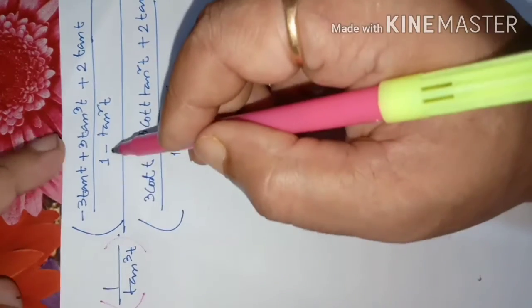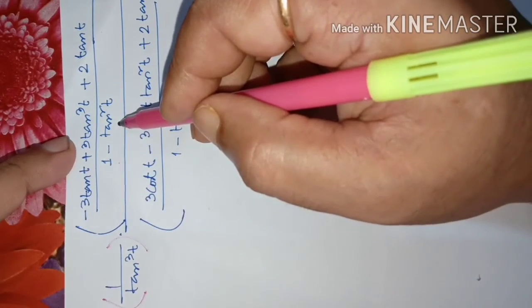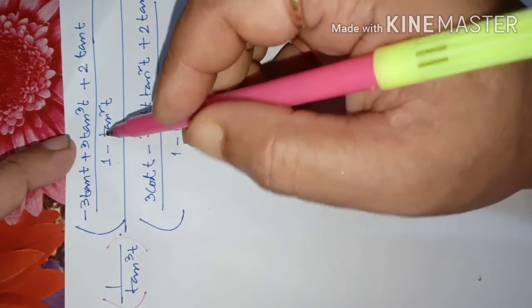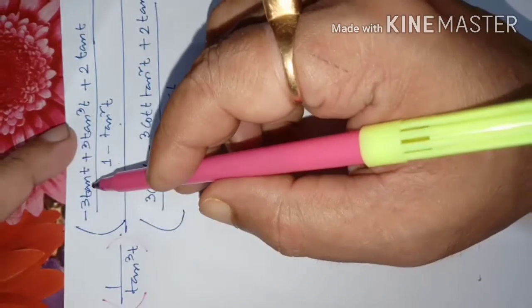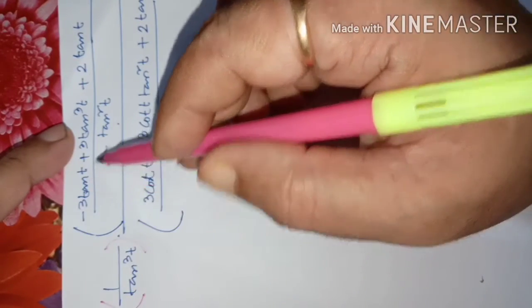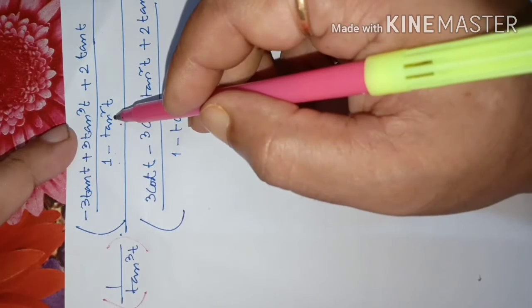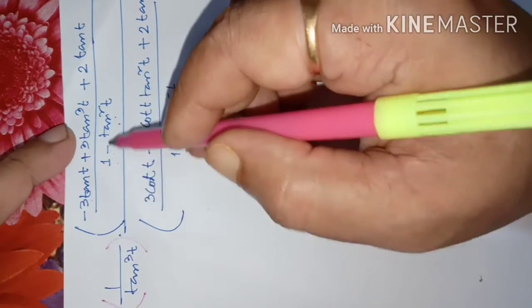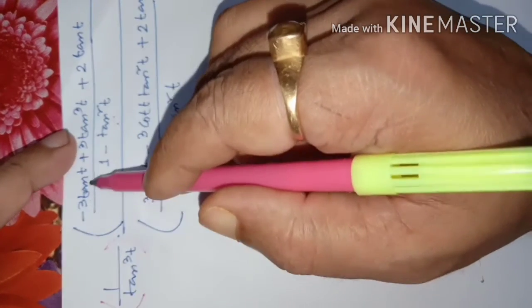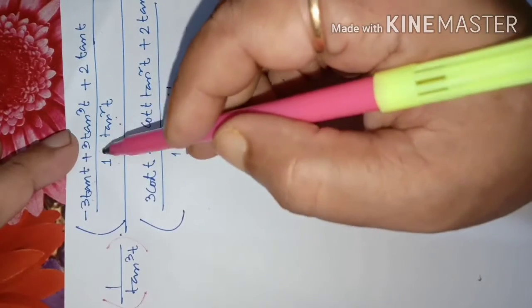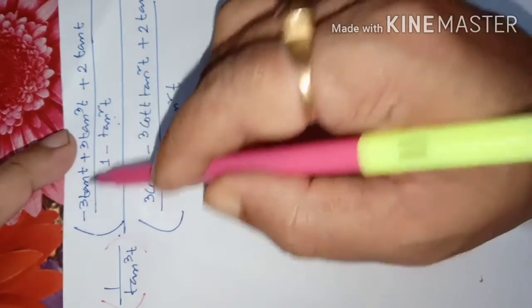And then after taking LCM 1 minus tan square t for the numerator, 3 tan t is multiplied with 1 minus tan square t. So minus 3 tan t into 1 minus tan square t will be minus 3 tan t plus 3 tan cube t, because tan into tan.